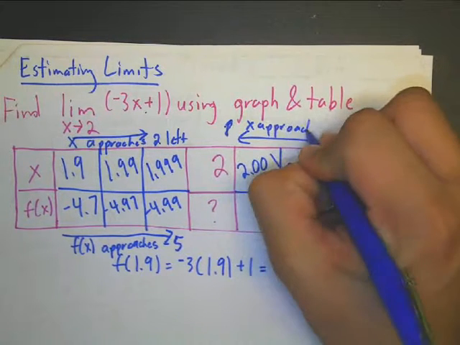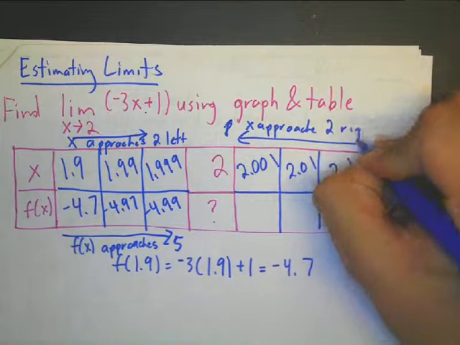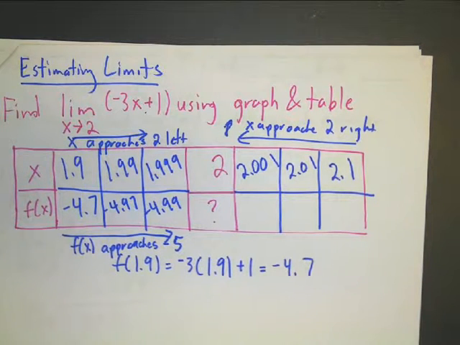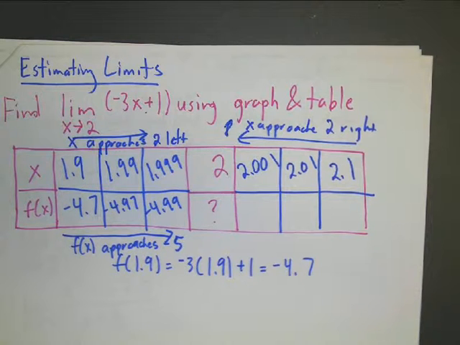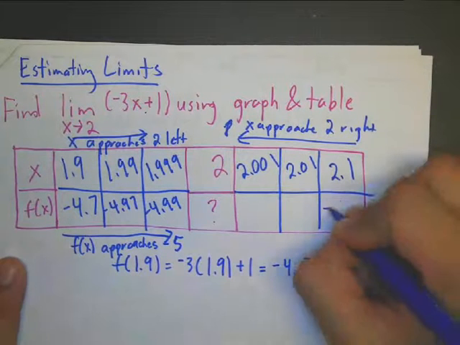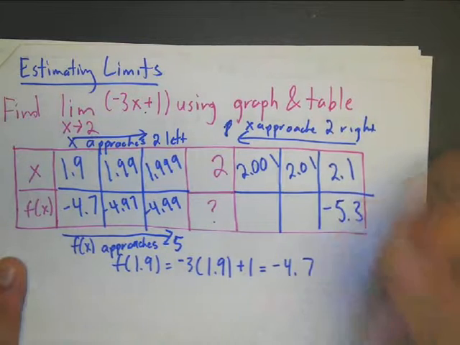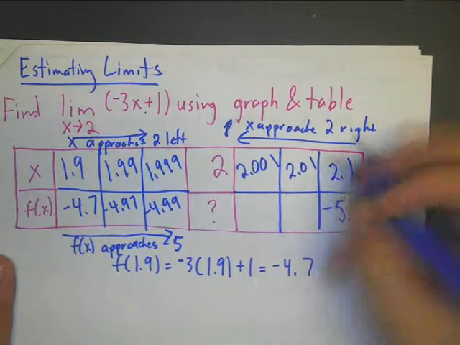If I plug 2.1 into our function, it will give us negative 4.7 on the right side, then negative 4.97, and negative 4.997.